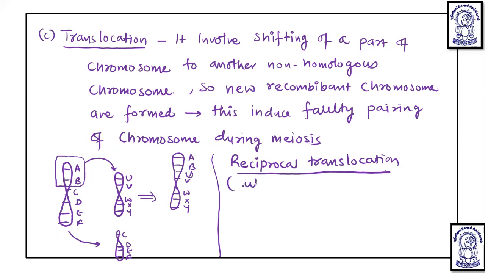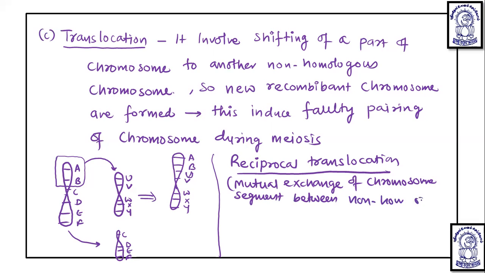When both chromosomes give segments to each other, this is also known as illegitimate crossover.